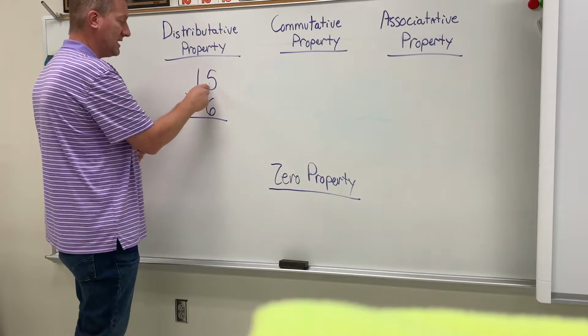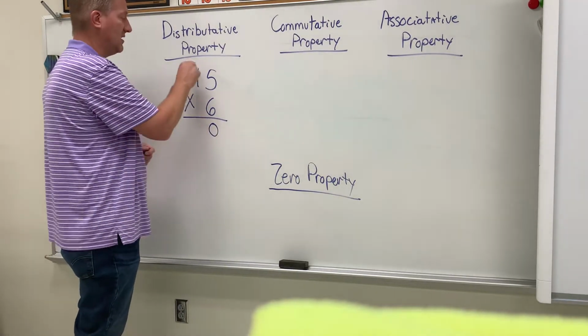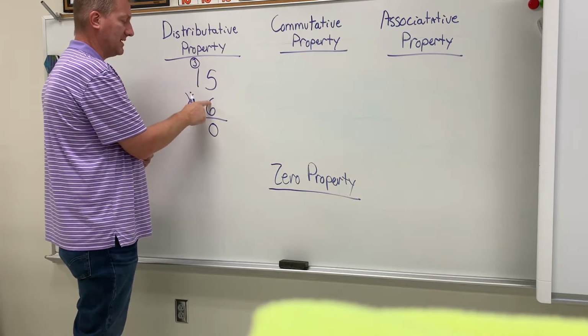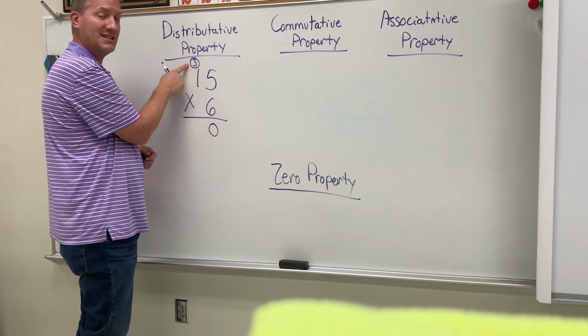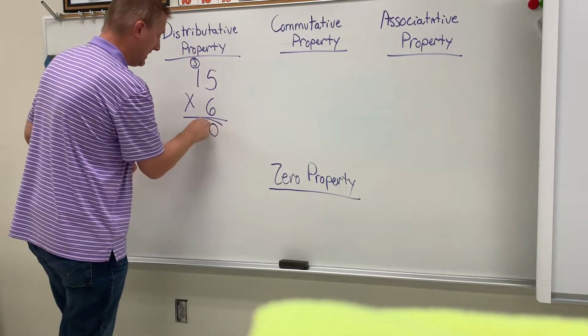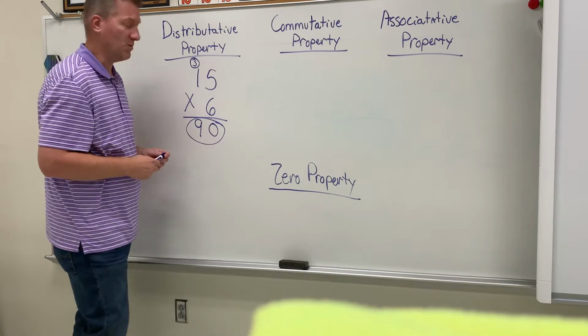Okay, so this times this is 30. We're going to put down the 0, we're going to carry the 3 up here. Now I'm going to multiply 6 times 1 is 6, plus the 3 would be 9. And I get 90 as my answer. And that's how the distributive property works.